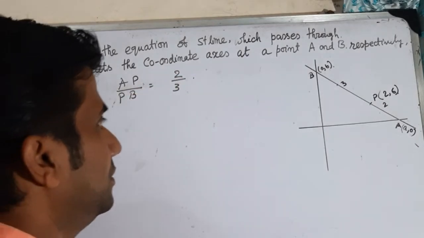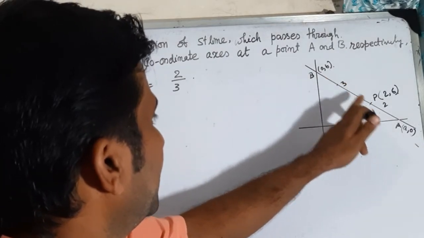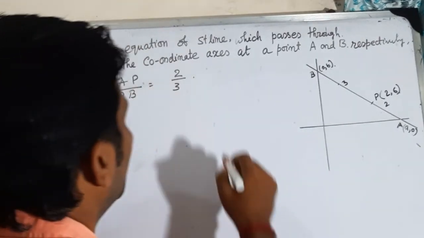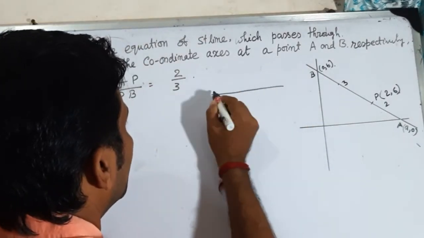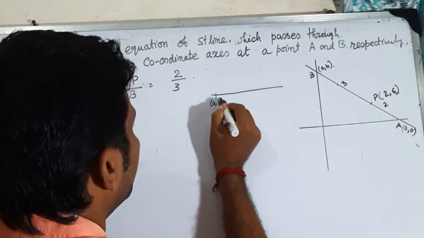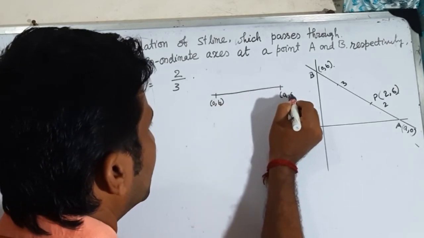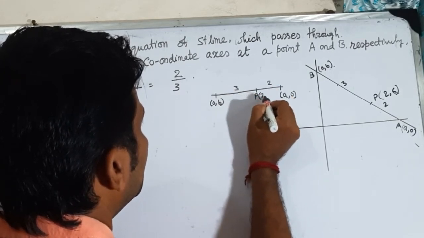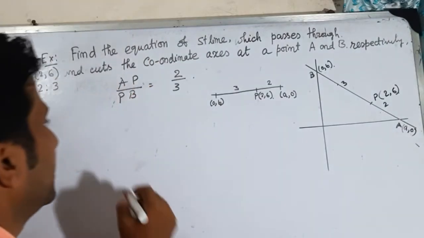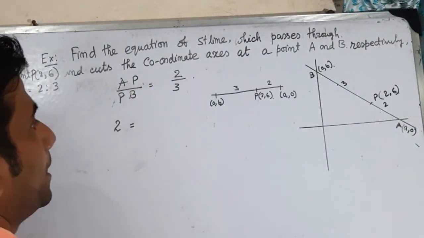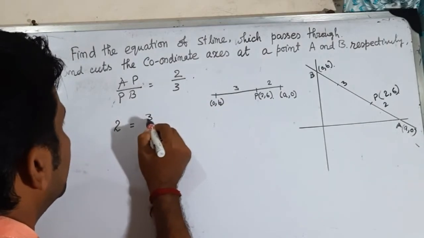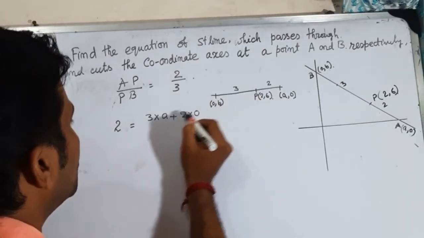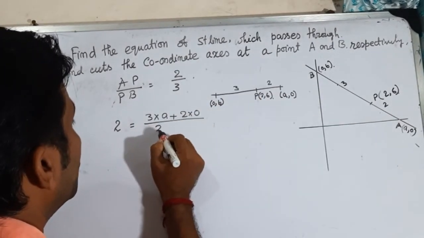We know that P divides internally in the ratio 2 is to 3. So, by internal division, this is 0, B, this is A, 0. This is P, with ratio 2 is to 3, and this is 2, 6. Then 2 is equal to 3 into A plus 2 into 0, by 2 plus 3.